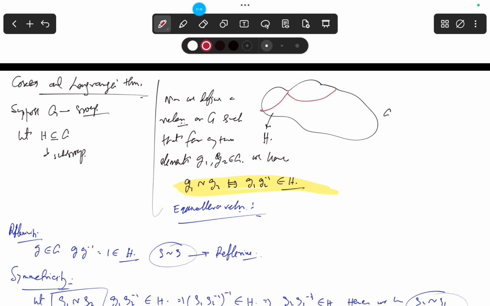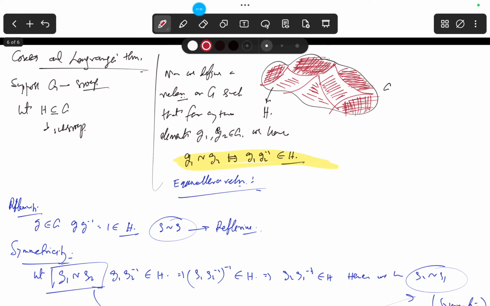Maybe you can take the partition like this. This is an equivalence class, this is an equivalence class, and similarly these are all equivalence classes. The number of equivalence classes can be finite or can be infinite as well.